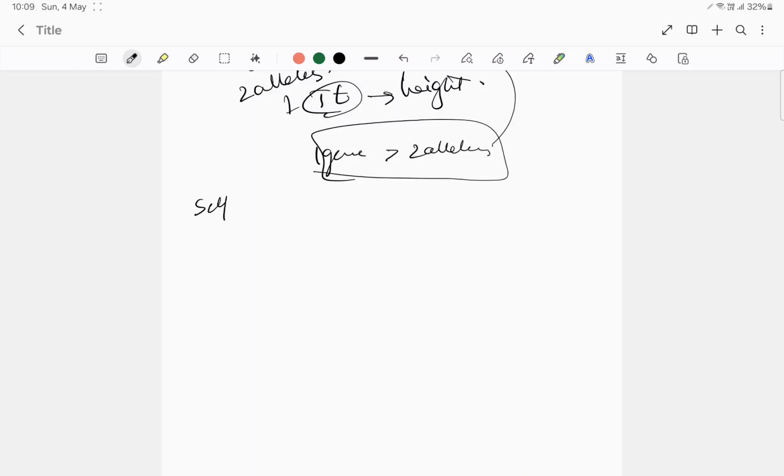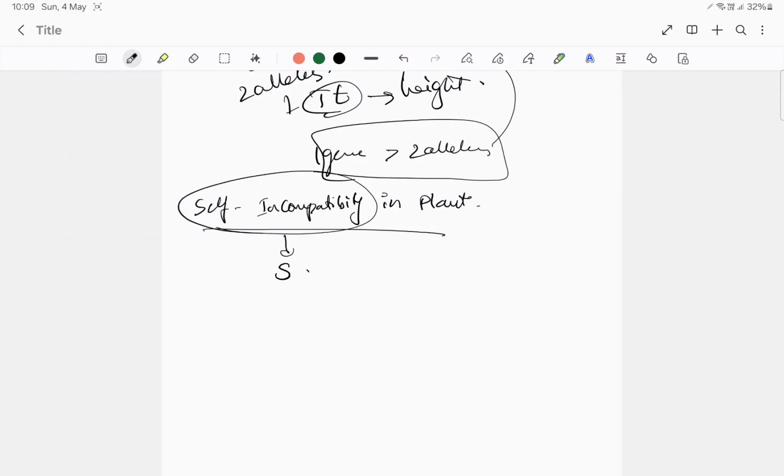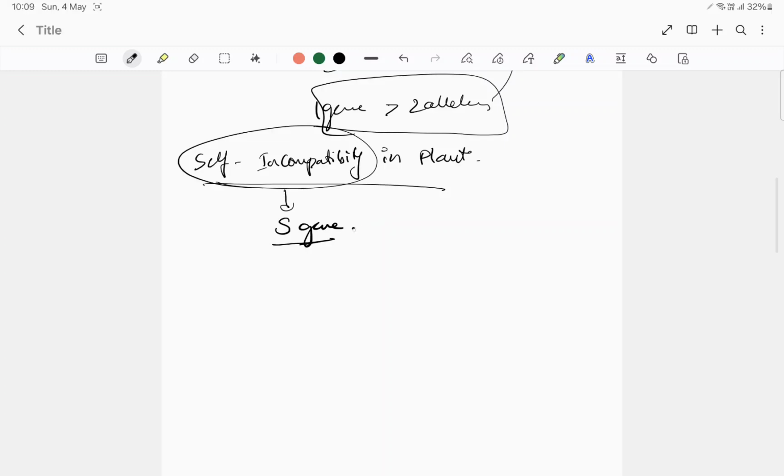Well, let's go into the topic self incompatibility in plants. Self incompatibility in plants is governed by the S gene. In this S gene, there will be 60 alleles: S1, S2, S3, like that till S60.